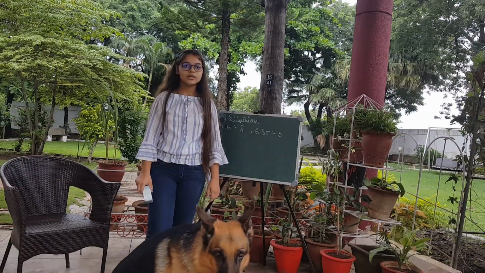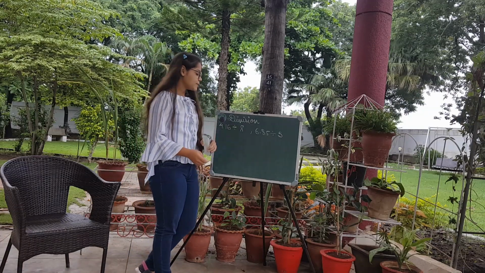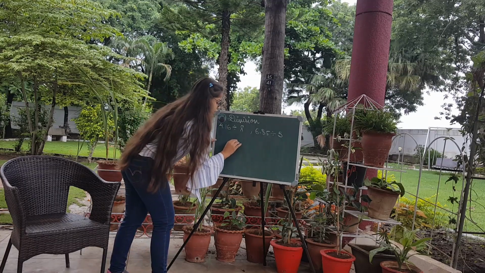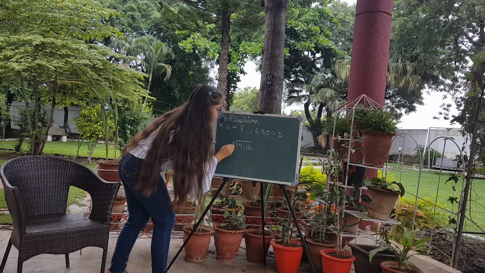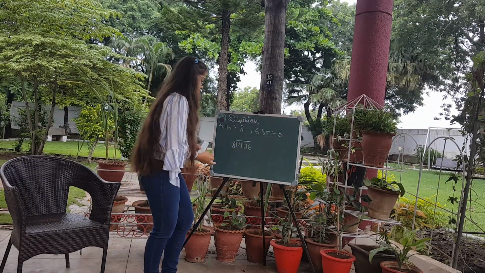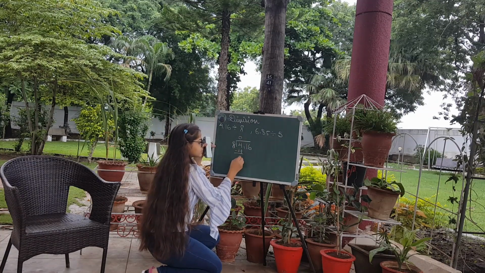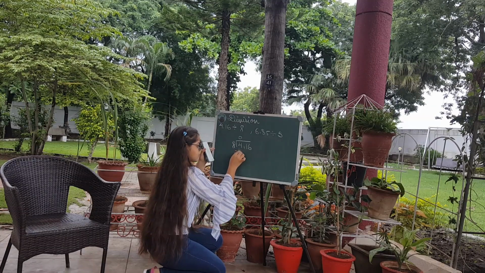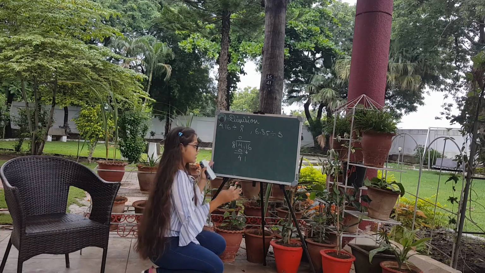Now let us move on to the division of decimals. So here I have 2 examples for you. Let us start with the first one. Here you have to divide it like normal whole numbers. 8 doesn't go into 4, so we have to take 0. And now we are taking 1 down, right?